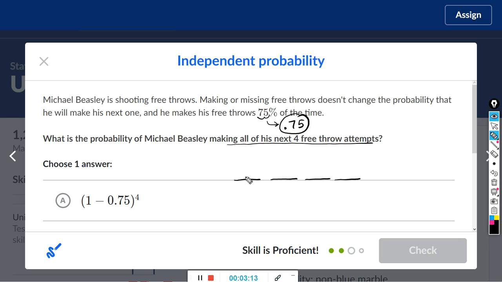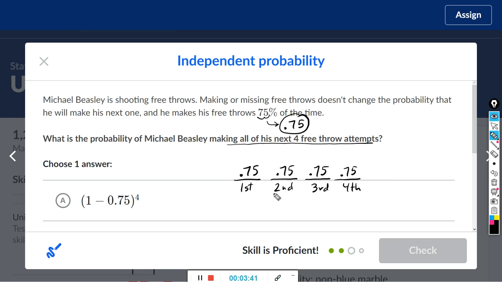For the first one, that's going to be a 0.75. For the second one, that's going to be a 0.75. And the third and fourth, same thing. That's the first free throw, second free throw, third free throw, and fourth free throw.